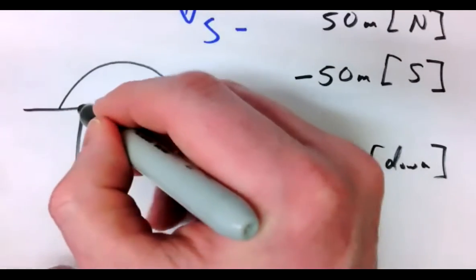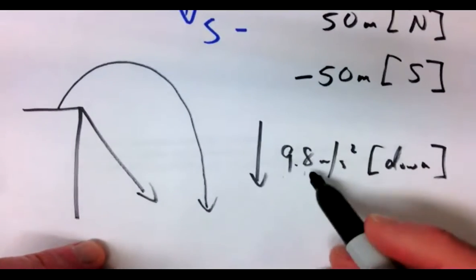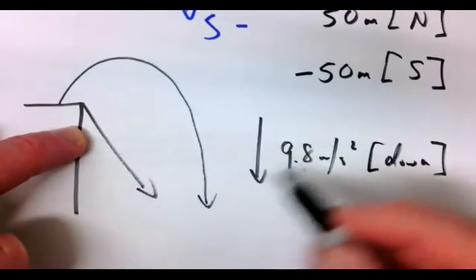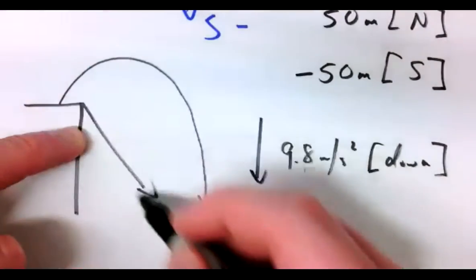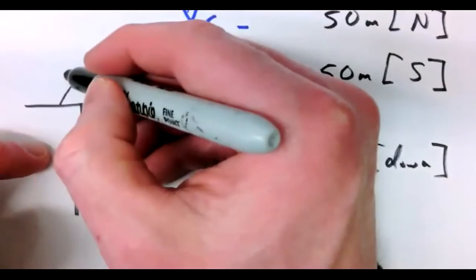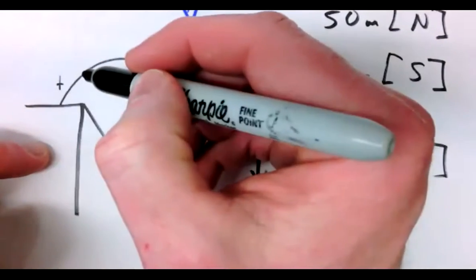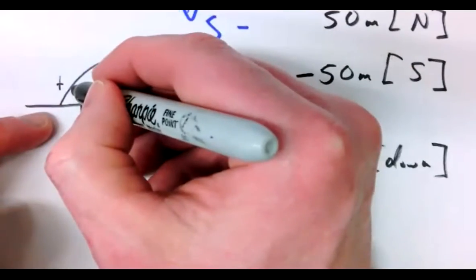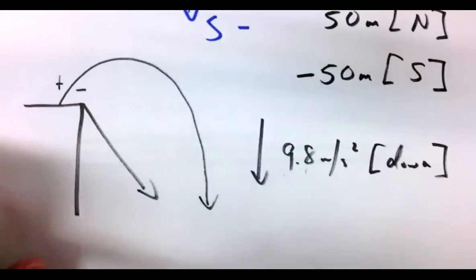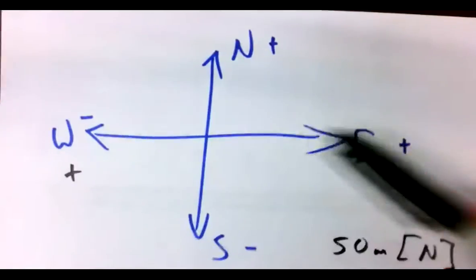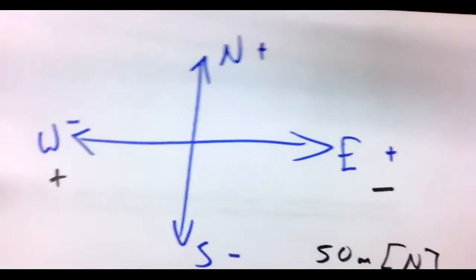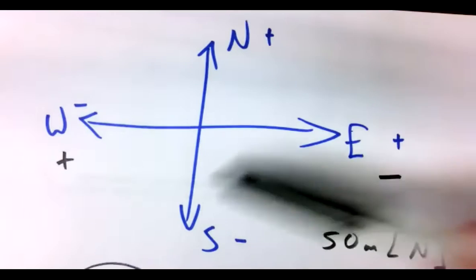So if you're standing on a cliff and you throw something straight down, I like the initial velocity to be positive because it's going in that direction, and acceleration is positive. It's going with the initial velocity. It just makes it easier. But if you throw something up, the initial velocity is positive, which means acceleration is affecting it in a negative way because it is opposing motion. I feel like I'm getting ahead of things. I should probably just leave it here. We will get there. You don't have to memorize any of this. I'm just trying to tell you how it gets a little bit complicated. Not really, but it helps with direction.